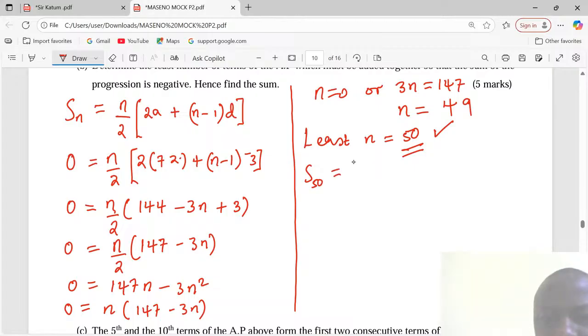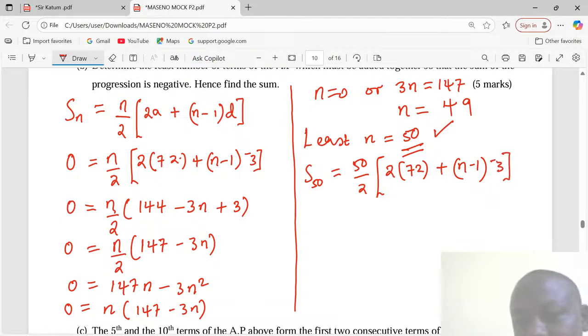shall be n over 2 into 2a plus n minus 1 into the common difference of negative 3.